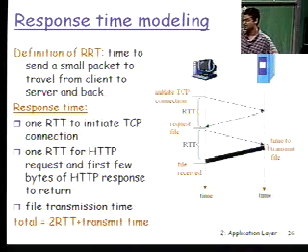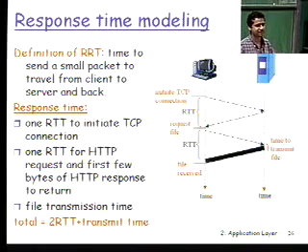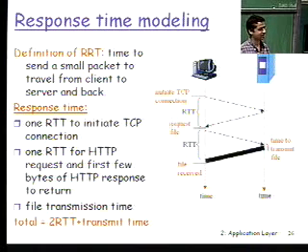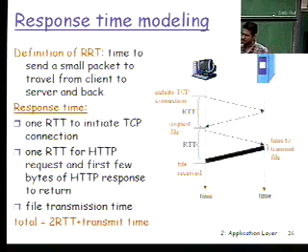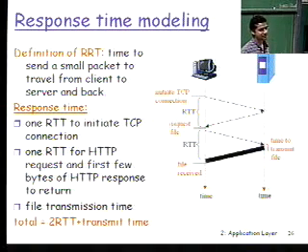So browsers started doing parallel downloads. Browsers started creating 4, I think the number was 4 or 5, simultaneous downloads from a server. So in the previous example, you go to the web page and the HTML file tells you that there are 10 more images that need to be downloaded.